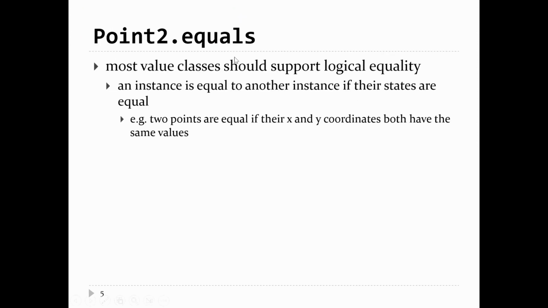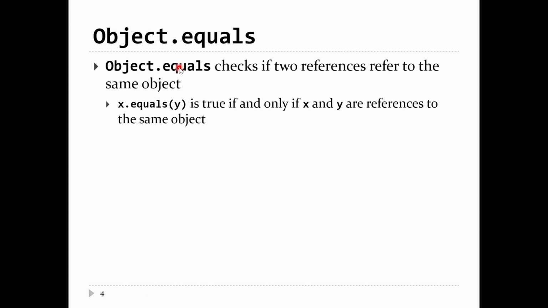For example, in the Point2 class, we probably want to compare whether the two points have the same coordinates. So they should support what's called logical equality. Back here, this version of equality is called equality of identity: do the two references refer to the same object?